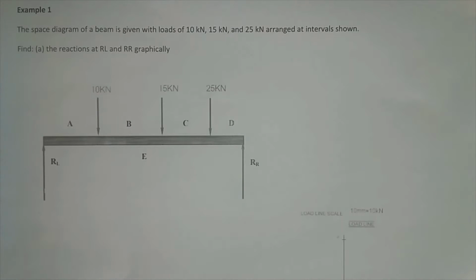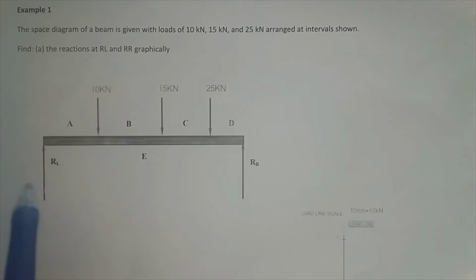For this question, first of all, you have to draw a free body diagram. I have drawn the free body diagram already for you. Next, you have to label using Bow's notation. The diagram is already labeled using Bow's notation.